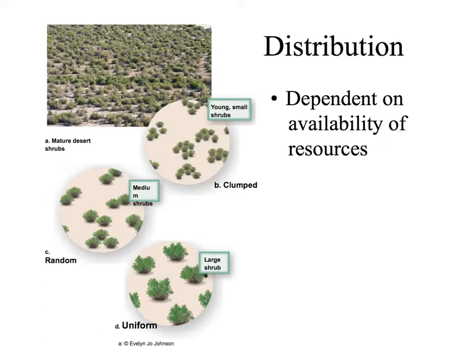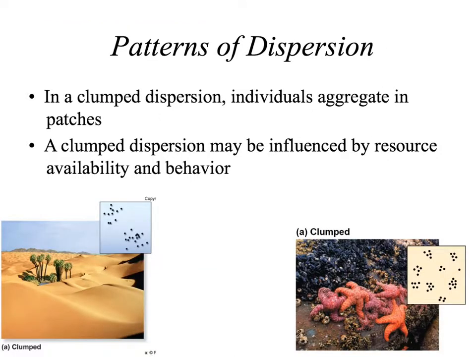We're going to look at three distribution patterns: clumped, random, and uniform. Clumped distribution or dispersion is when individuals group together in patches. Clumped distribution is usually influenced by resource availability or sometimes by behavior.